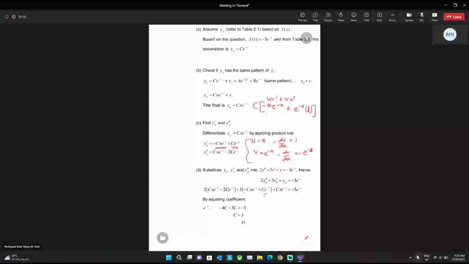You can choose anyone as your U or V. And then you will get this. Try to do this one. Can you get the double prime?